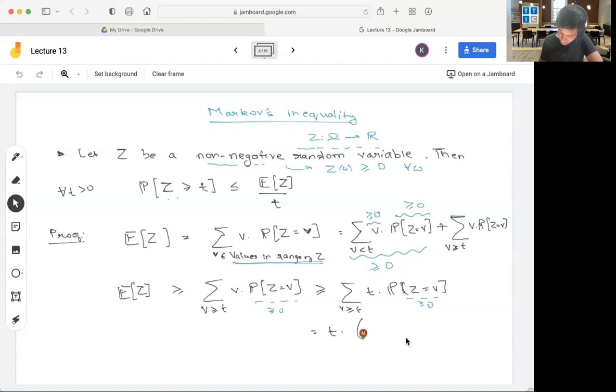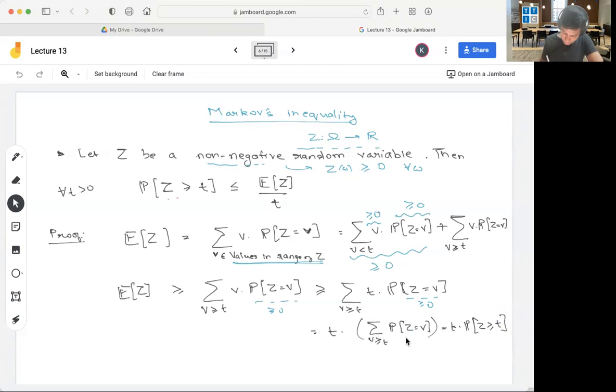And I can take t out common. It's the probability of all values greater than or equal to t. So it's t times the probability that Z is greater than or equal to t.